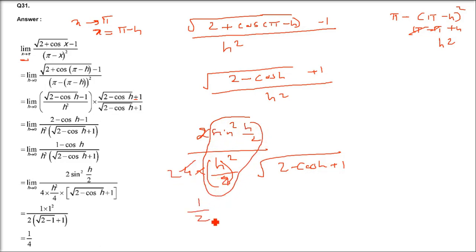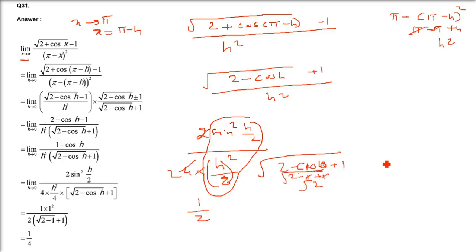2 gets cancelled. Means 2 to the 4 by 2. This is 2 minus cos h, where h is 0, cos 0 is 1. It is under root 2 minus cos h plus 1. So cos 0 is 1, 2 minus 1 is 1. So under root 1 plus 1 will come.